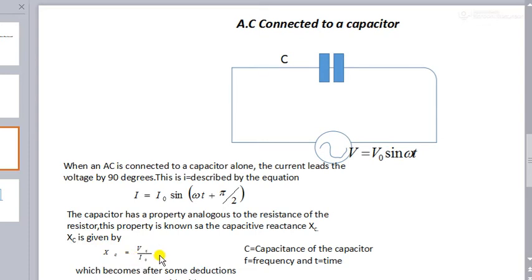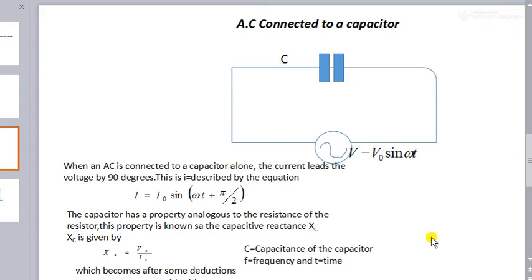This is in harmony with Ohm's law, and we can also write it as the RMS voltage over the RMS current through the circuit if the source is connected to a capacitor alone.